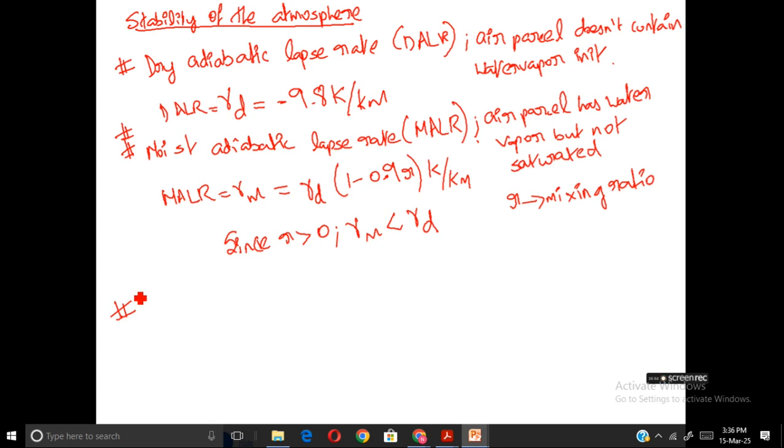The dry air generally will cool faster compared to the moist parcel. So gamma m is less than gamma d. Generally, gamma m is approximately equal to gamma d itself; in most cases their values will be very close to each other. Now the third one is the saturated adiabatic lapse rate.